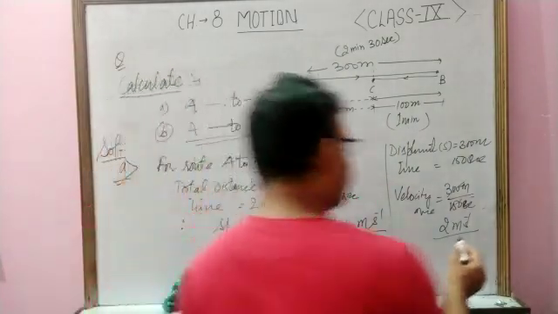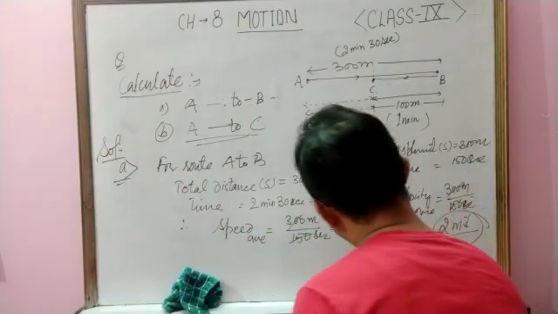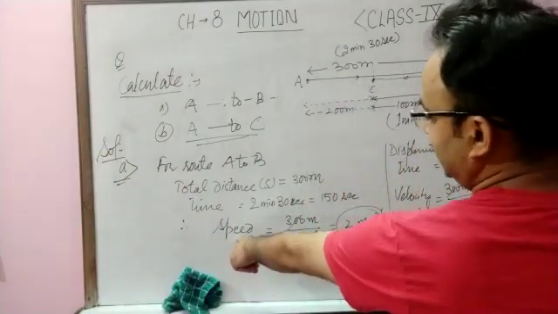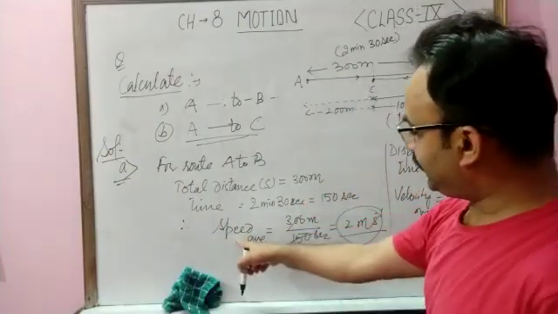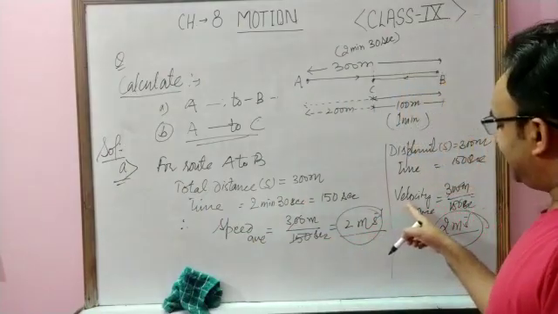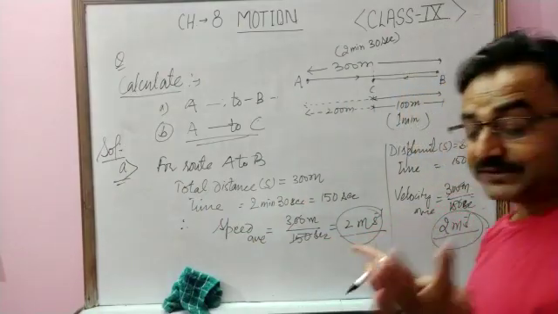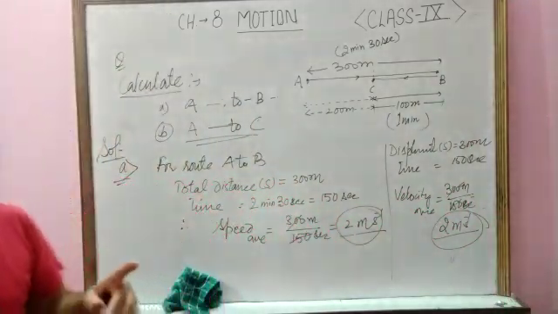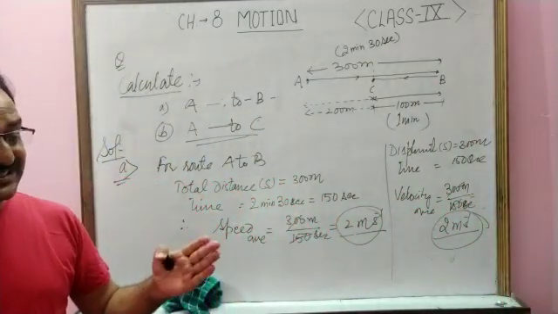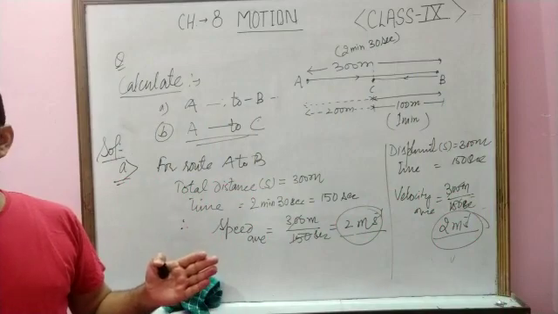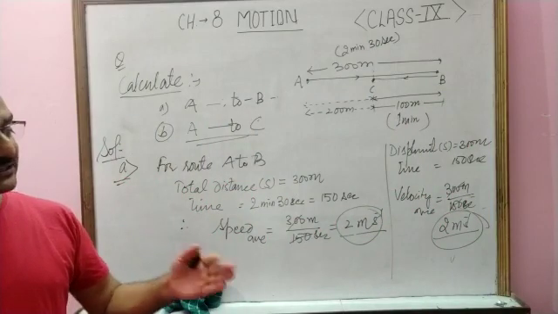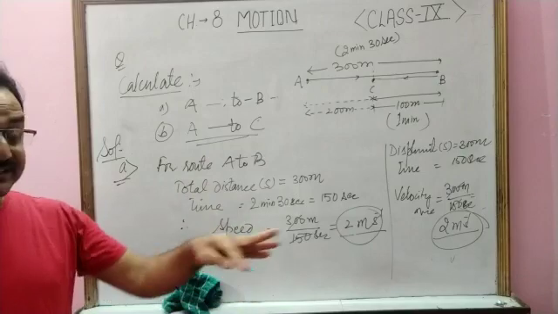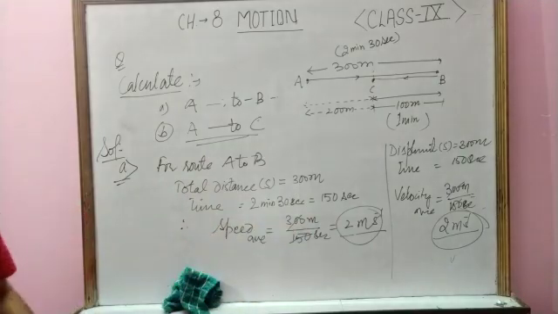As we observed here, the magnitude of average speed is equal to the magnitude of average velocity, when a body covers distance equal to displacement in a straight path. Clear?